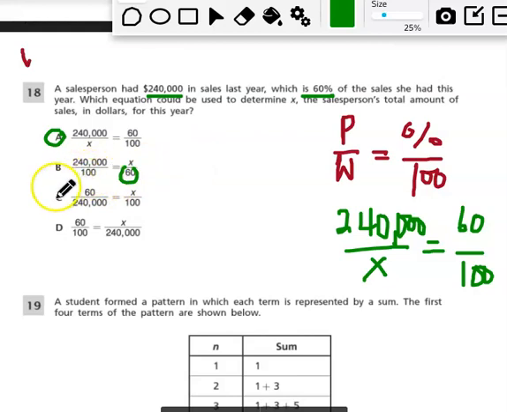Look here for letter C, 60 and 240,000, if that 100 goes here, then that is an equation that's also correct, because the percent should be at the same place at all times, and the number should be in the same place at all times. Look at letter D. If that 60 goes down here, because 240,000 is the 60%, they should always go together. And if that 100 goes here, that 60 goes here, then that equation will be correct.